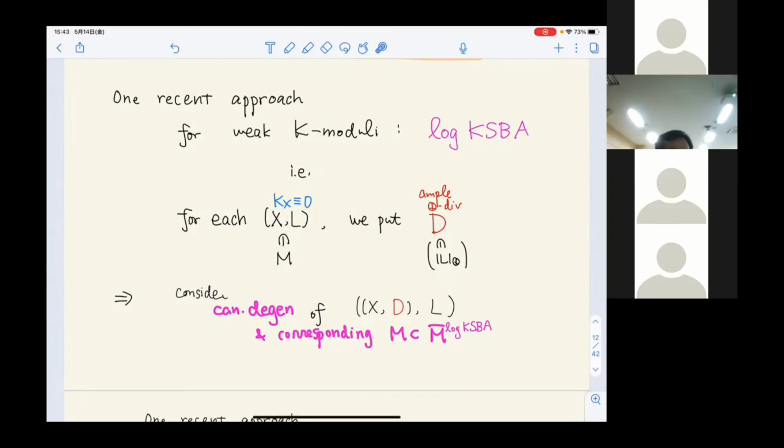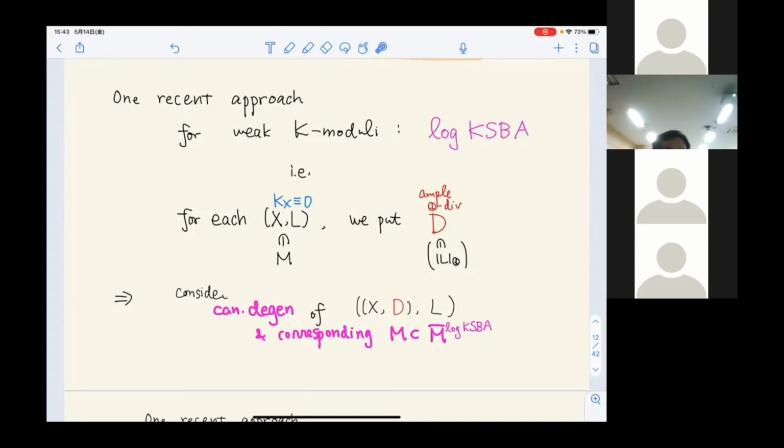Then consider the canonical degeneration of X_t. Then this is of log general type with this log canonical class ample. So we can apply a similar story to KSBA and use the method of MMP to get a canonical degeneration and canonical compactification.